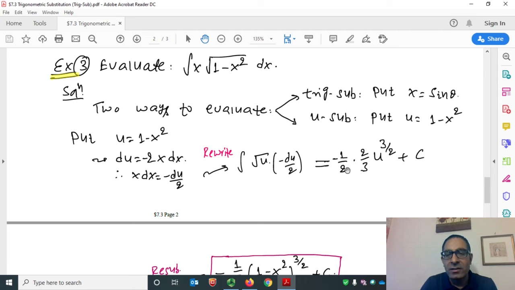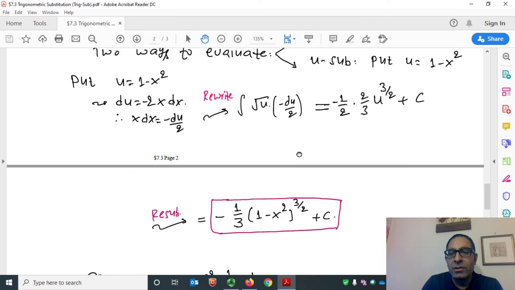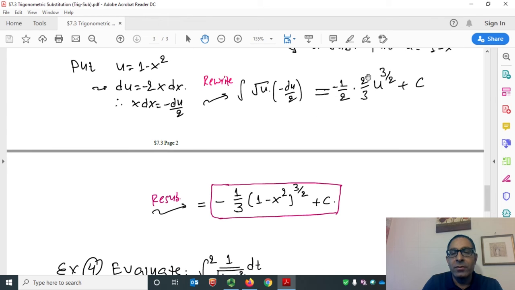So in the next line here, minus 1/2, 2/3, u to the power 3/2 plus c. And then reverse the substitution, put u equals 1 minus x squared. So what I wrote here, you simplify, cancel the 2, minus 1/3 left. 1 minus x squared to the power 3/2 plus c. Awesome.